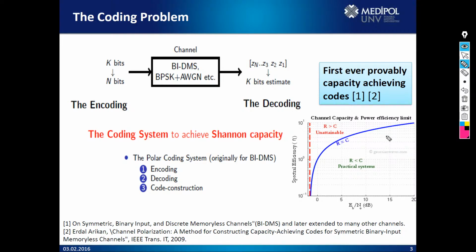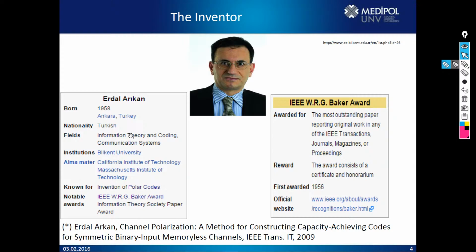So here we go. This is the inventor, Professor Erdal Arikan from Bilkent University, Ankara, Turkey. He was born in 1958, 10 years after Shannon's paper on noisy channel capacity, and he's well known as the inventor of polar codes.